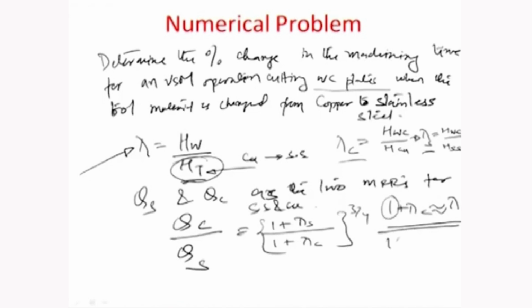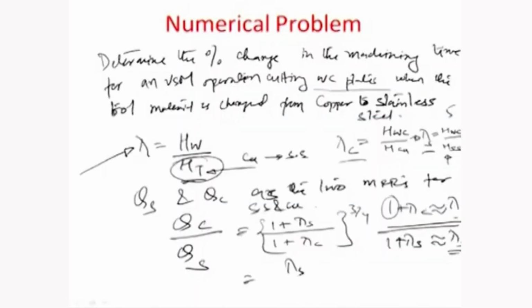So 1 plus lambda c or 1 plus lambda s can be approximated by the lambda c and lambda s value. You already observed before that for a steel tool, this lambda for S was about 5, which is bigger in comparison to 1. So you can safely neglect the 1 and make it equal to the ratio of both the lambdas.